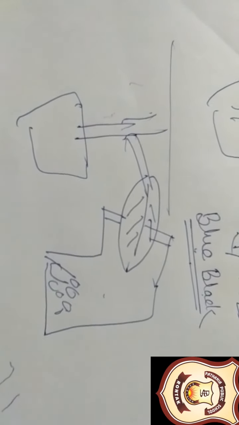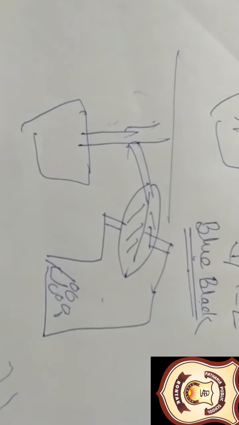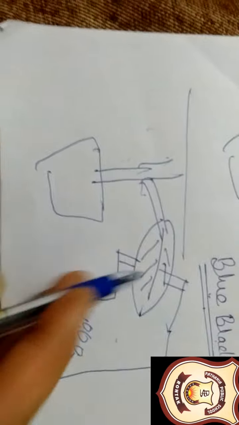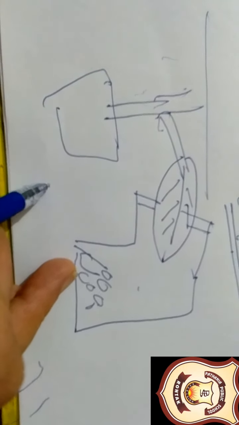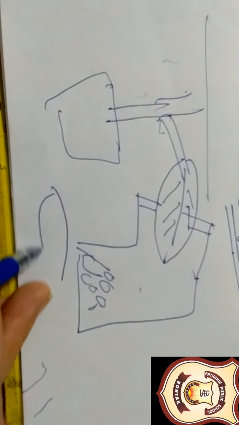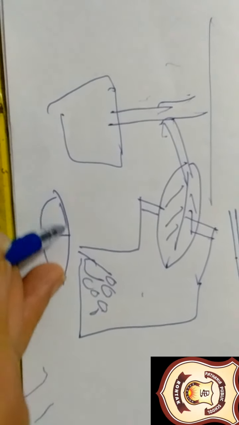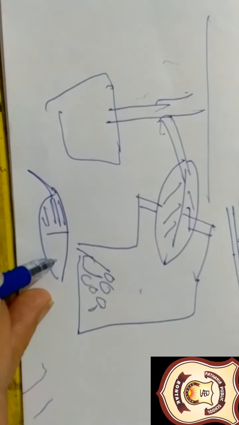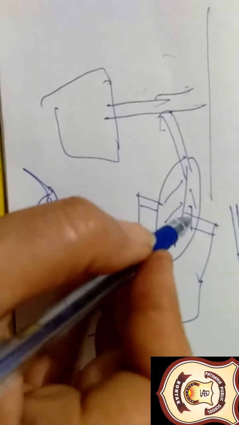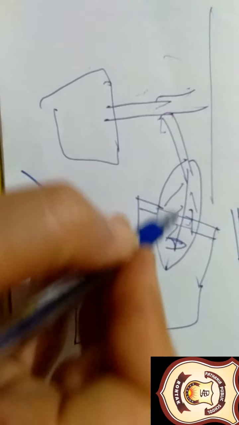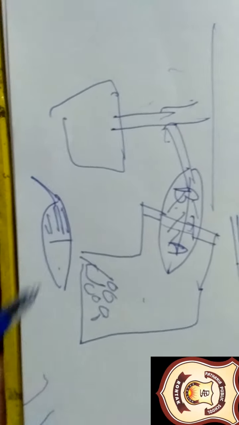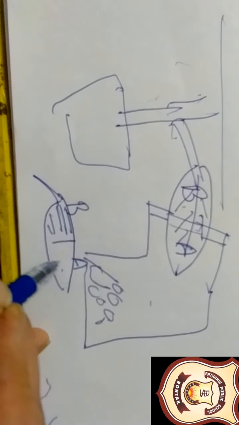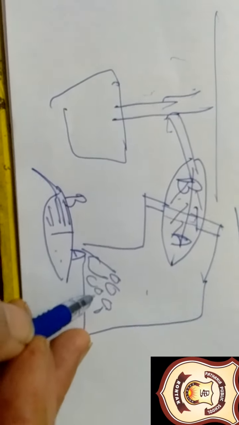So what will happen when it is tested with the iodine solution? So what will be the result? This outer part will turn blue black, but this inner part will not turn blue black. Suppose we have divided this as A and this as B, so this B part will turn blue black and this A will not turn blue black, because here the carbon dioxide is absorbed by the KOH, so that this part is not receiving carbon dioxide.